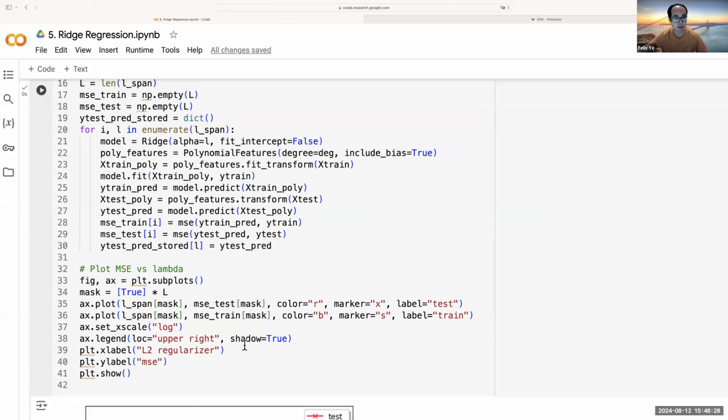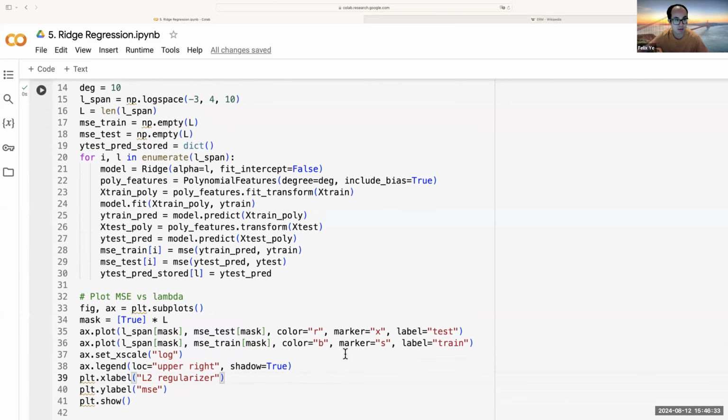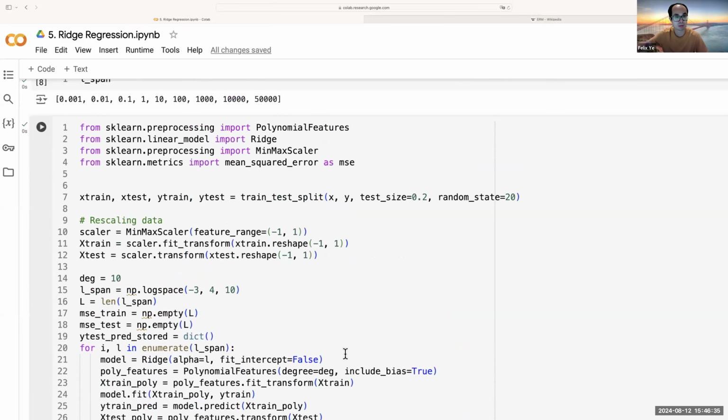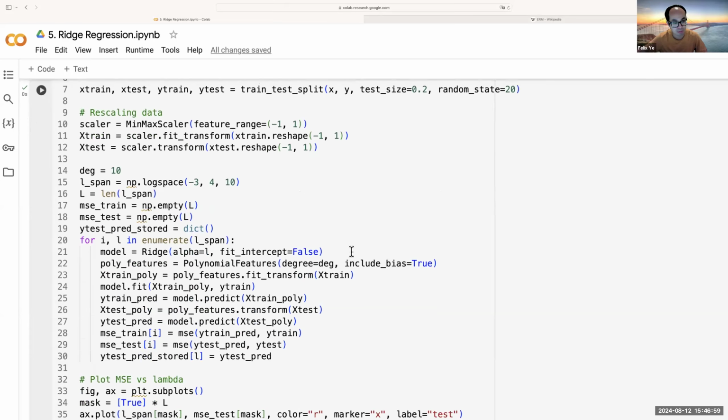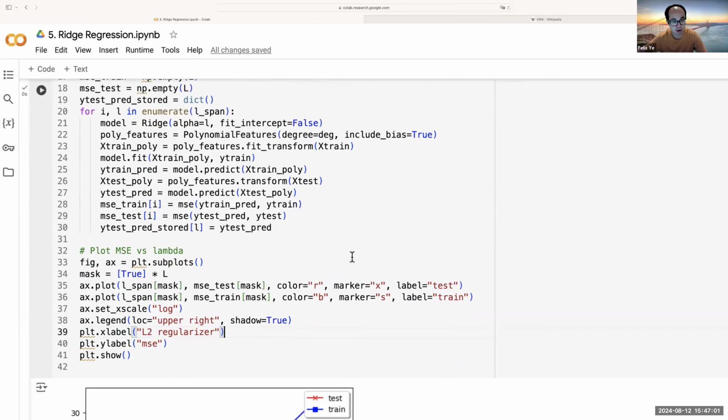It uses different ways to approach this. It just gives you some idea of what kind of problems you are working with. It's basically the same. The reason why the result is different is just because of the way you split the data. Because we only have a very small amount of data, how you split the data actually matters. So that's why you will see different optimal lambdas again.